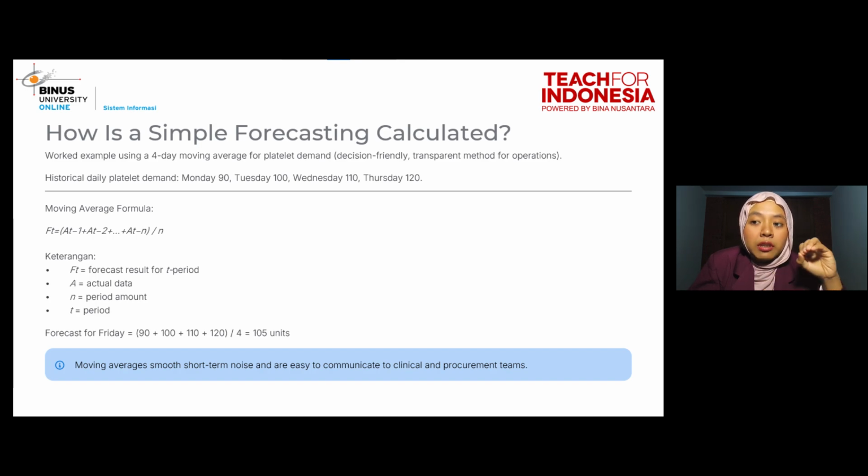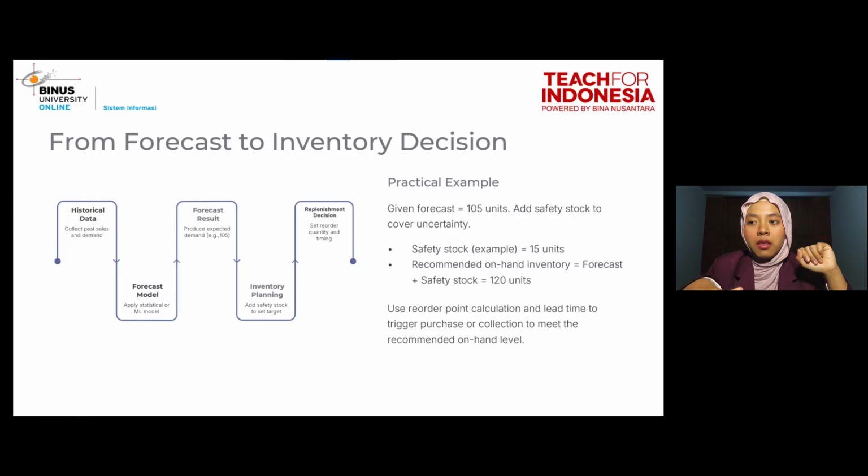The moving average method helps smooth short-term fluctuations and provides a simple estimate that is easy to understand and communicate. But forecasting demand is only the first step. Forecasts become valuable when they support inventory decisions.